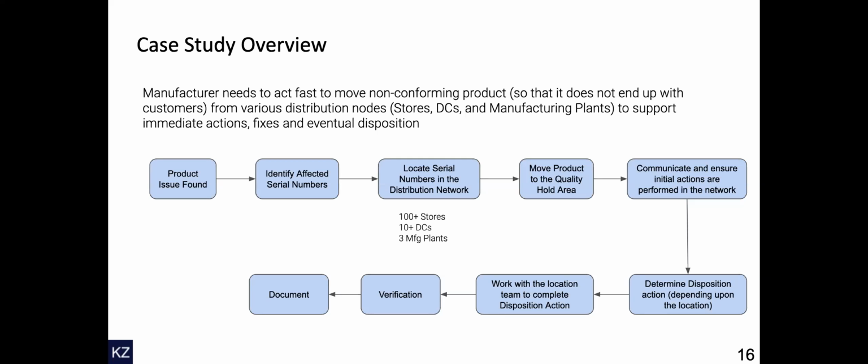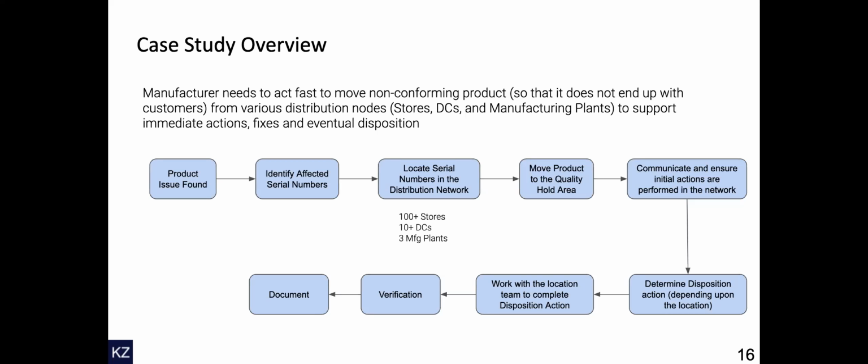So if you look at the process involved, when they find an issue, it could be a final issue with the final product, or it could be even an issue with a component, right? Something related to a motor or a wiring harness, things like that, right? How it is assembled. When these issues are found, one of the things that they need to do is immediately find all the affected serial numbers, especially if it is the finished product.